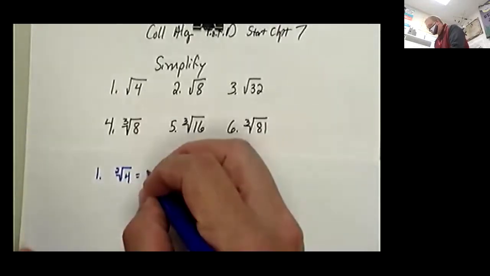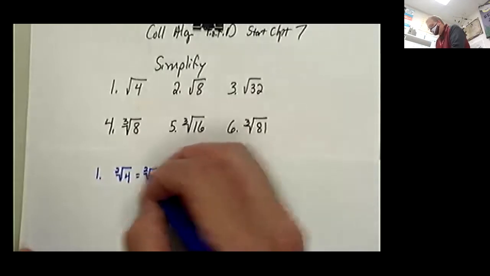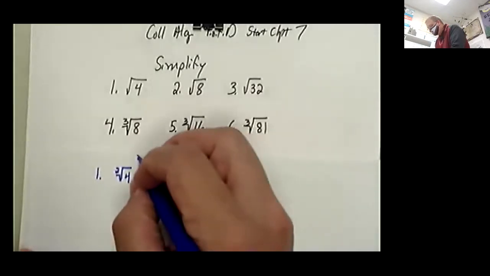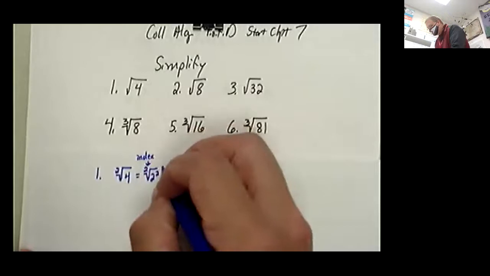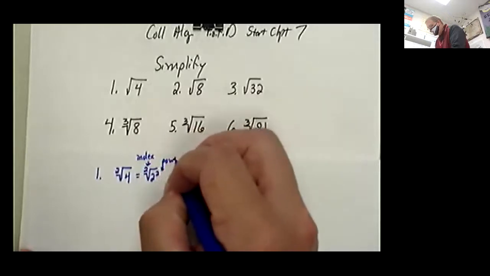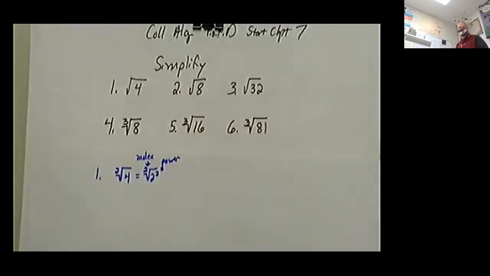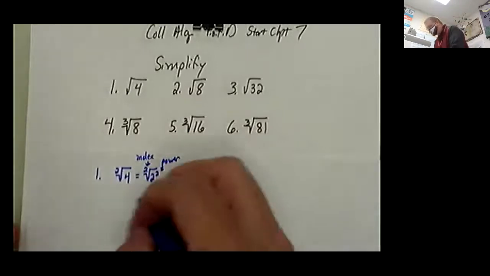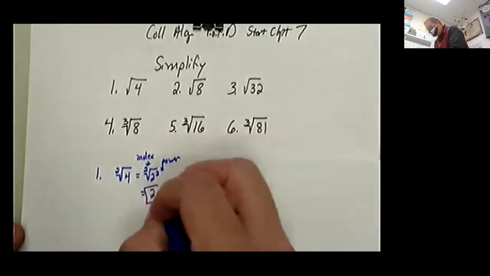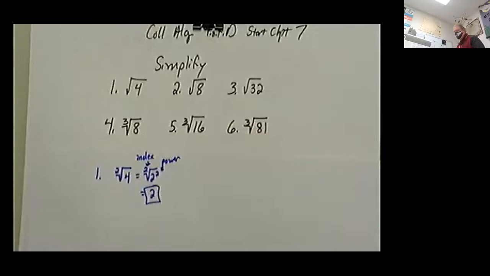And so this is actually the square root of 2 squared. This number is called the index, and this number is the power. When the index and the power are the same, they cancel, leaving us with 2. And so that's how we square root 4.